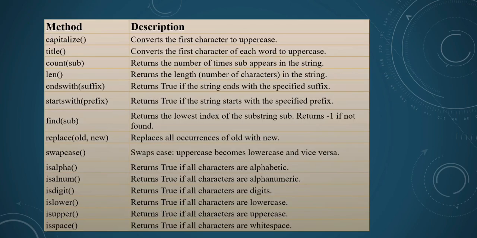These are methods and their descriptions. There are many methods: capitalize, title, count, len, endswith, startswith, find, replace, swapcase, isalpha, isalnum, isdigit, islower, isupper, isspace. These are all the methods of Python programming.